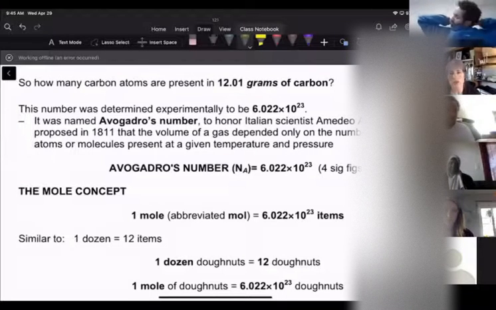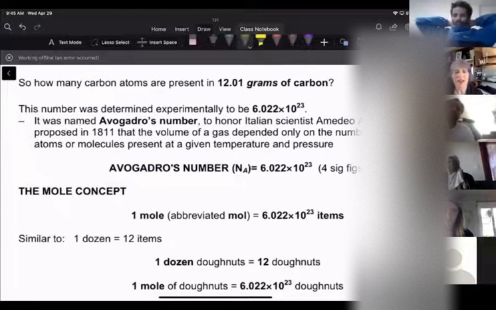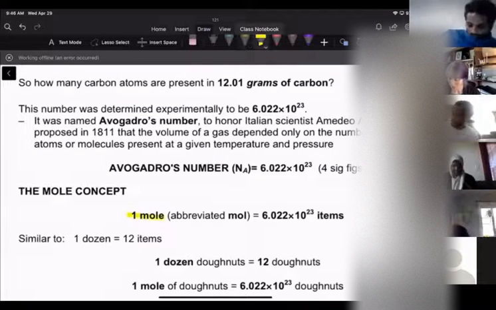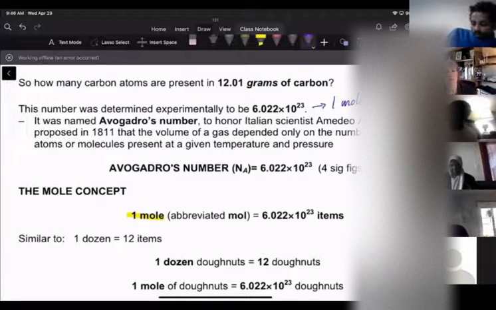So we use a counting number in chemistry, like a dozen. We have a dozen donuts or a dozen bagels, or a pair of gloves. In chemistry, we use a mole. So this is our counting number in chemistry. It's a convenient number to measure atoms because it represents a reasonable amount.